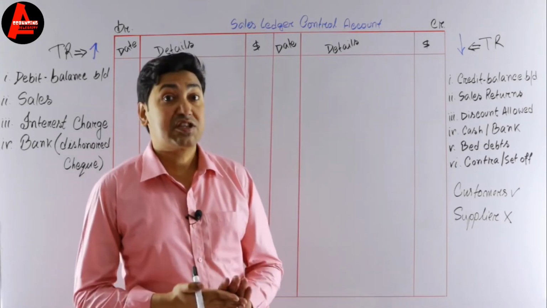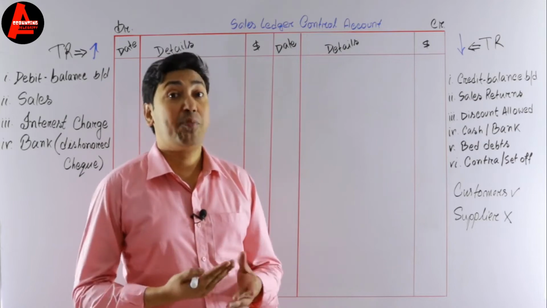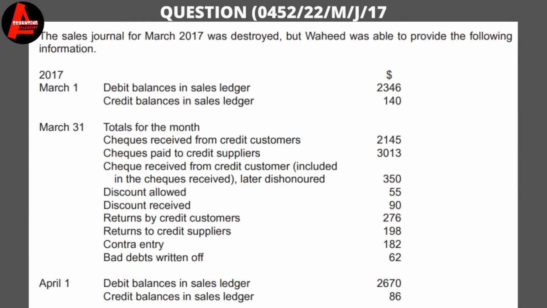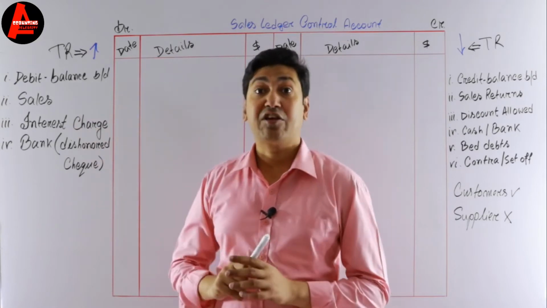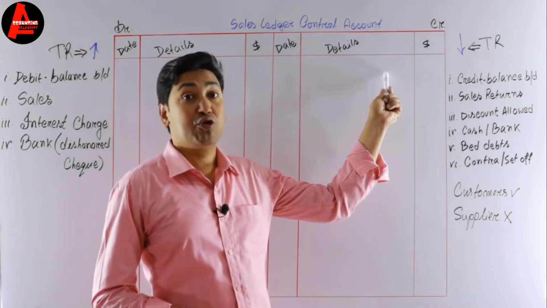Okay, first of all we have to record the opening balances. Here in the question we have a debit balance in sales ledger of 2346 and a credit balance in sales ledger of $140. You already know that a debit balance comes in the debit side and a credit balance comes in the credit side.